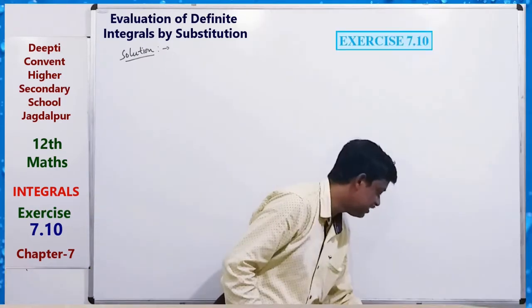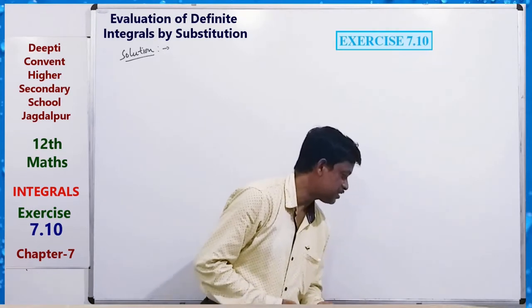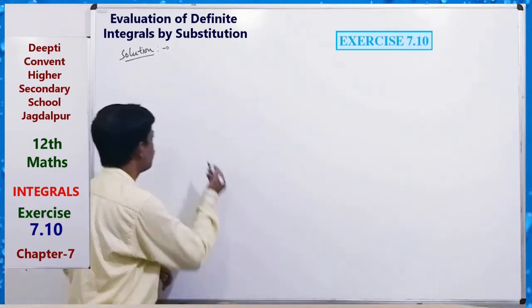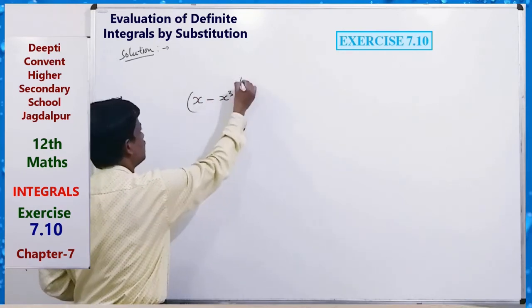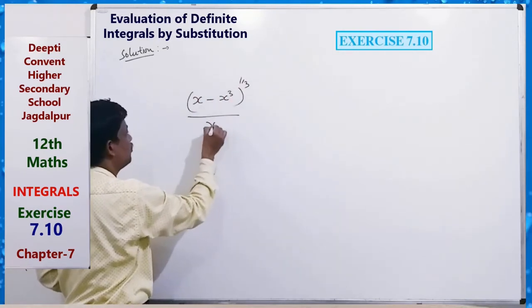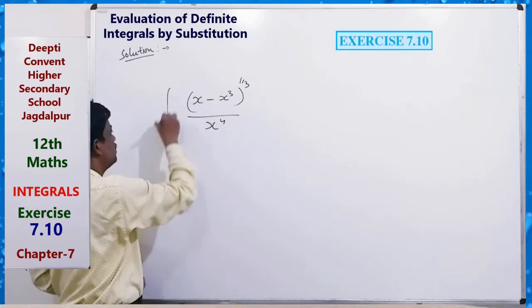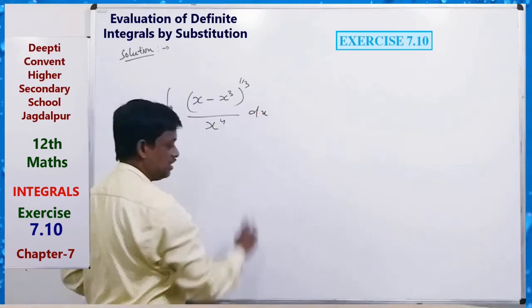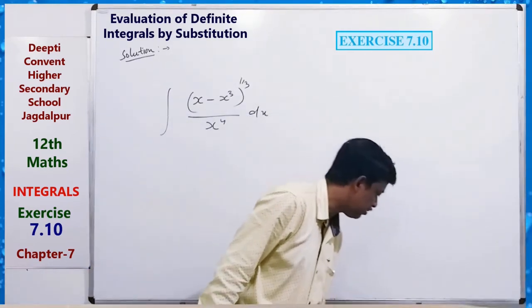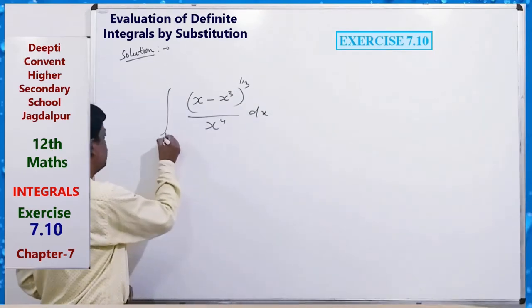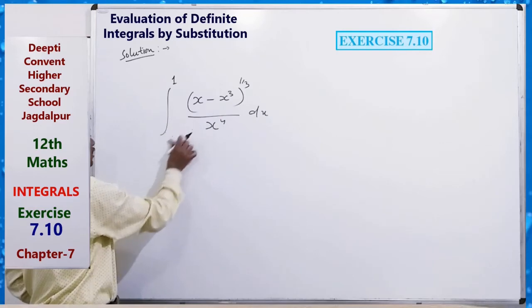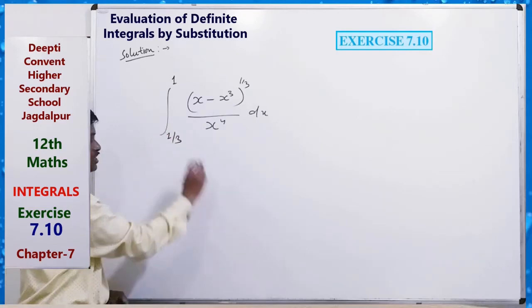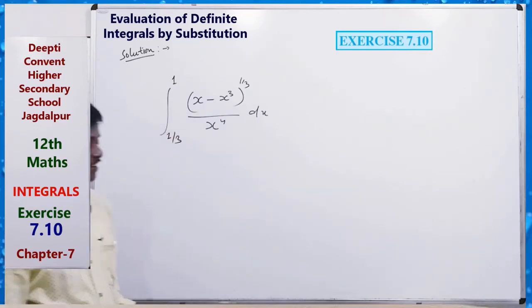Question 9: the integral of x minus x cube, power 1 by 3, upon x power 4, dx, with limits from 1 by 3 to 1. This is our question 9.